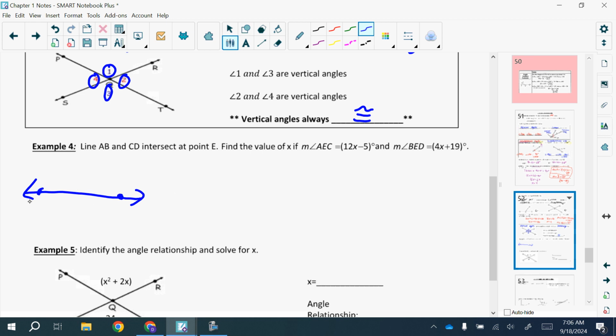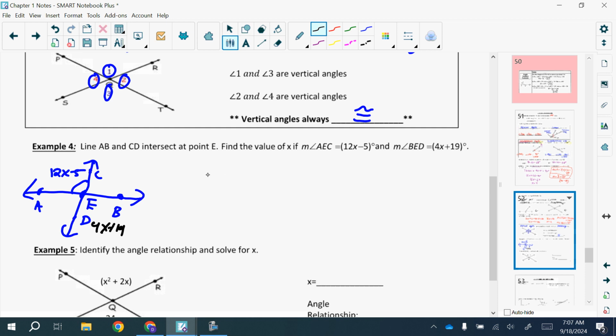So this is line AB, intersecting at point E, and this is line CD. So AEC, this guy here, is 12x minus 5, and BED, this guy here, is 4x plus 19.